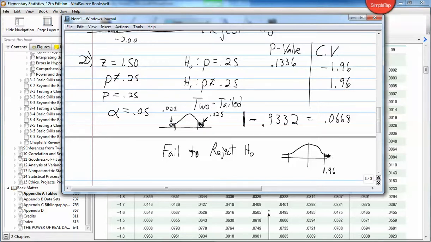Everything to the right of 1.96 is in the critical region. Our test statistic was 1.50. If you think about this like a number line where this is 0, is 1.5 going to be in there? No, because the numbers to the right are larger. So since it's not in there, you fail to reject H sub 0.